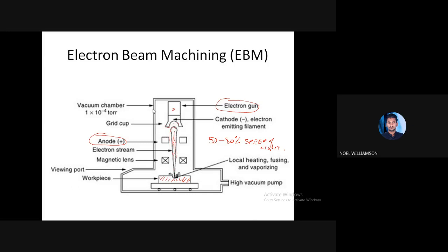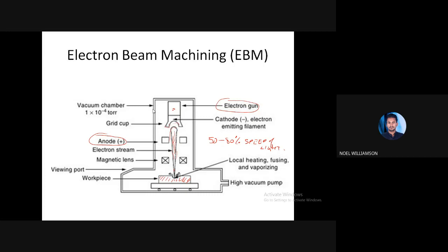Basically, how it is working here, an electron beam is used, and the kinetic energy of the electron beam is converted to heat energy, which melts the material and thereby removes the material.